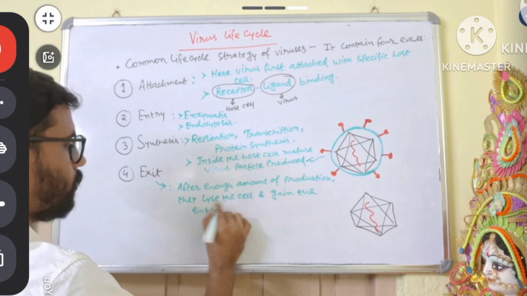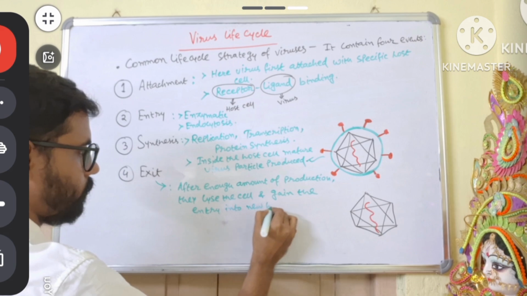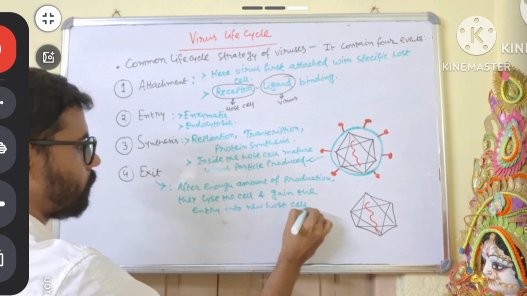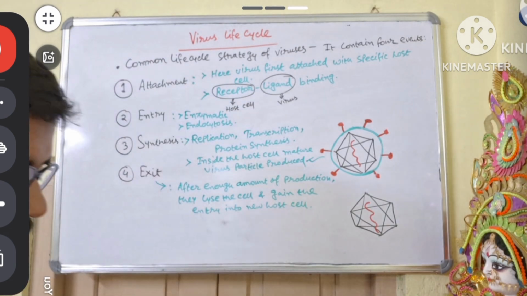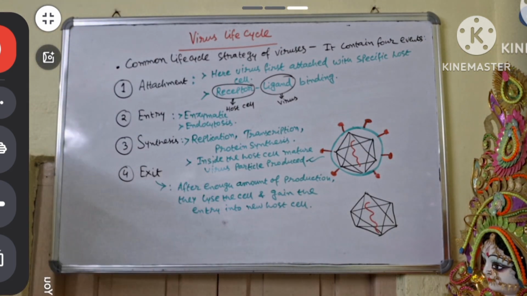Entry into the new host cell and start the process of events the same way. Cycle begin.